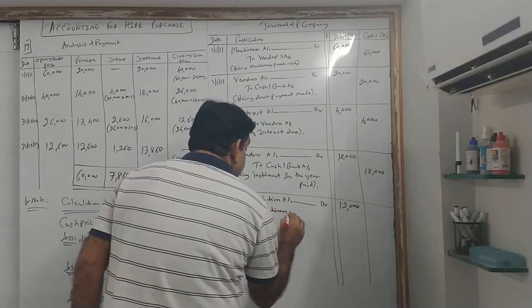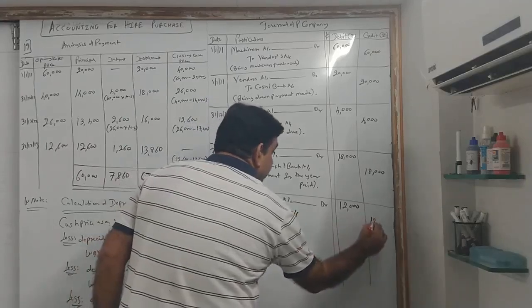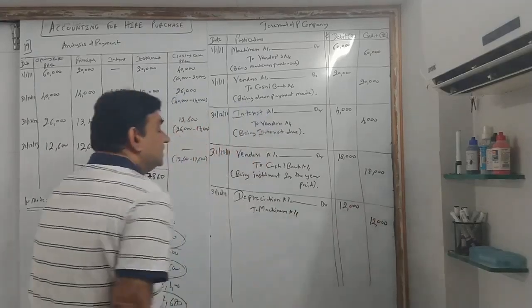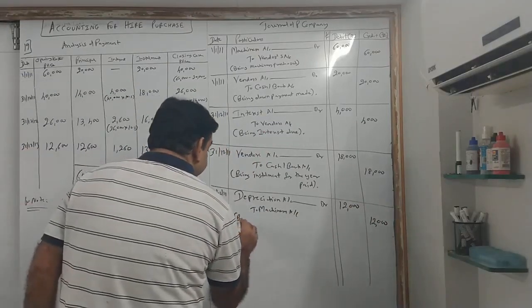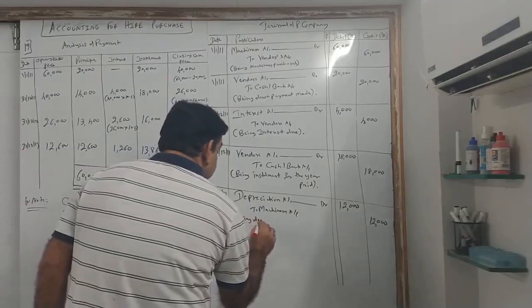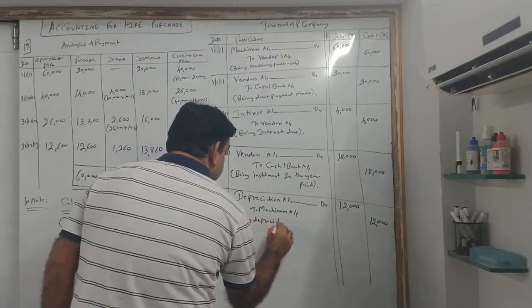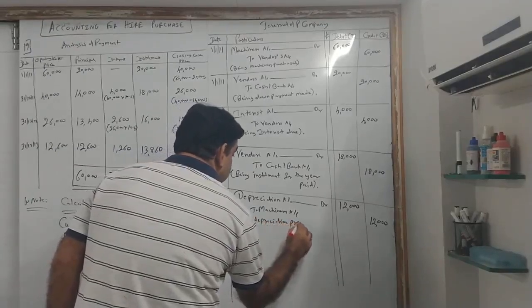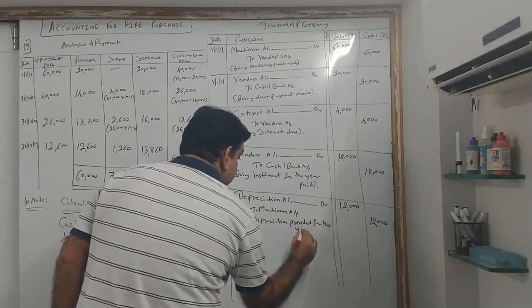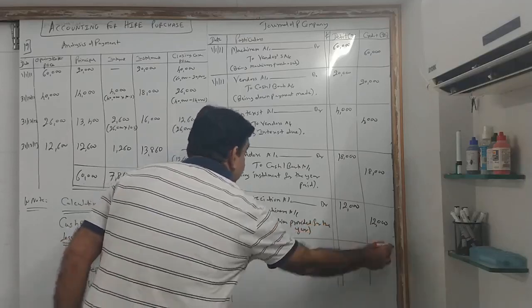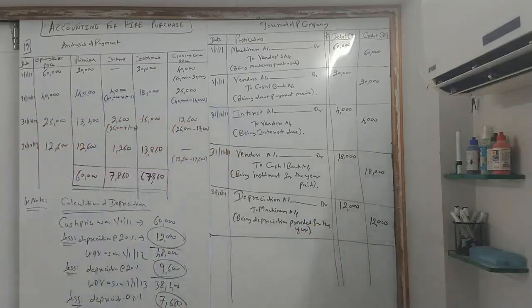So it is depreciation to machinery, 12,000. Narration: being depreciation provided for the year. Being depreciation provided for the year.